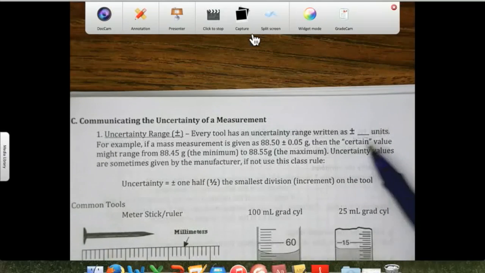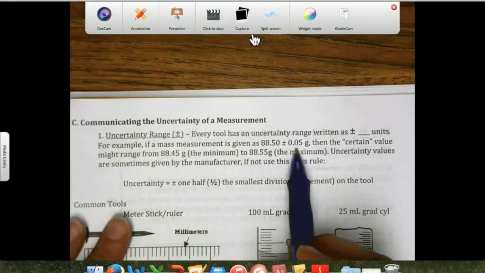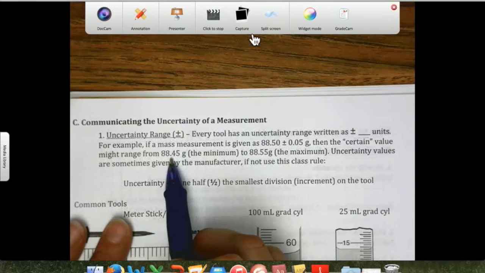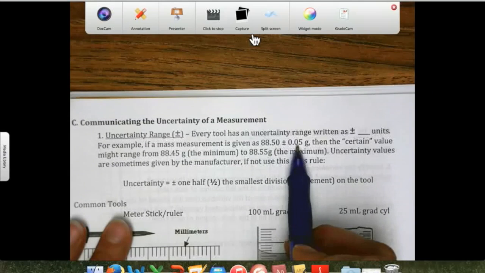Okay. For example, if a mass measurement is given as 88.50 plus or minus 0.05 grams, then the certain value might range from 88.45 grams, the very minimum. So if you take 88.50 and subtract this, you would get 88.45, to 88.55, which is the maximum. So if you take this 88.50 and add this, that's your maximum.